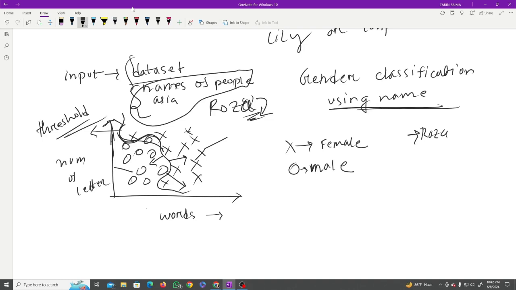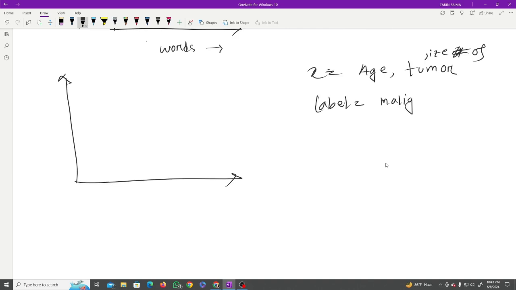Let's have some other examples to make this more clear. Suppose your features, or X, are age and the size of a tumor. As your label, you want to predict whether the tumor is malignant or not.